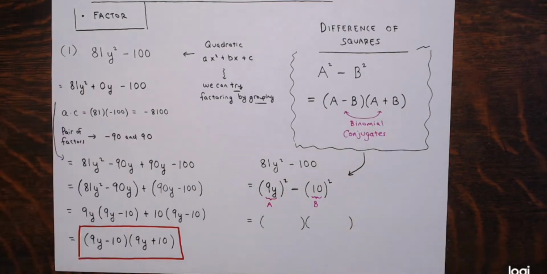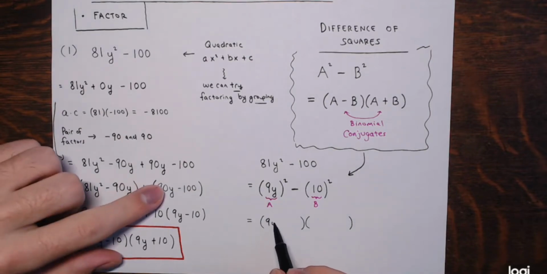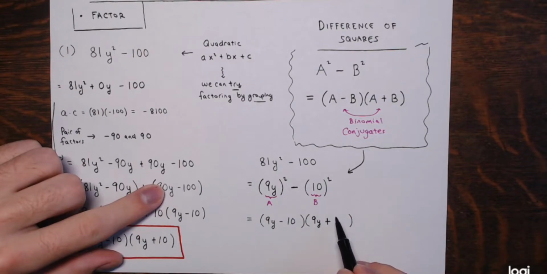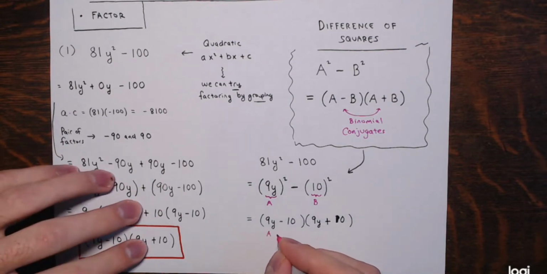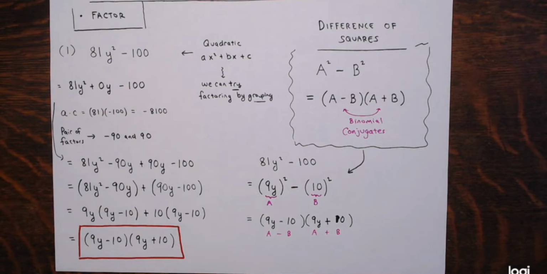The order of the factors doesn't matter. So 9y minus 10 is a factor, times 9y plus 10. There's your a minus b times a plus b, just filling in 9y and 10 for a and b respectively in the formula. And there you go.